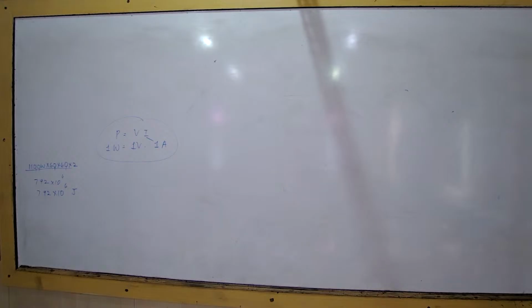Did you write in your notebook? No, the last but one. The unit of power. We are talking about power. Write it down. The unit of power is watt. 1 watt of power is consumed when 1 ampere of current flows at a potential difference of 1 volt.